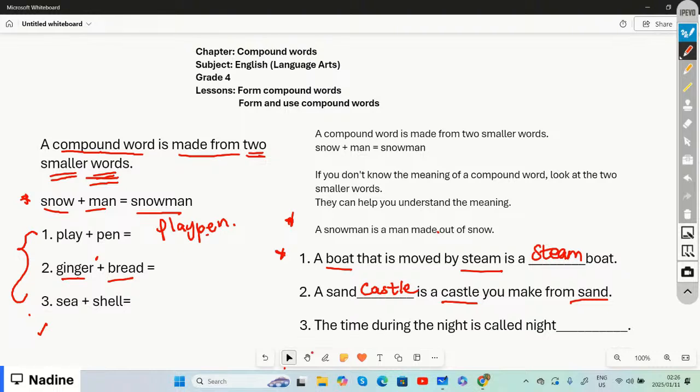And we can say, yes, well done. It is night time. Well done. So this is basically compound words.